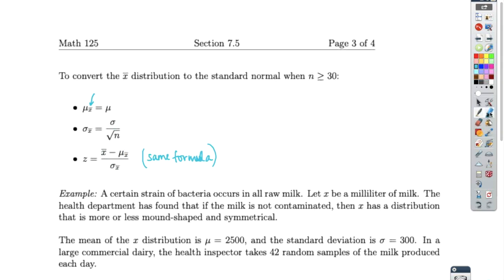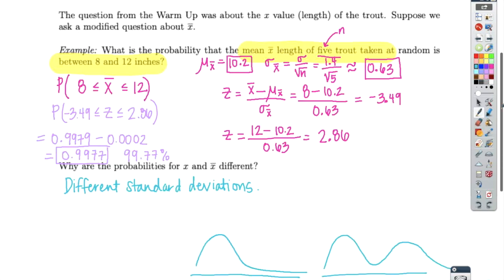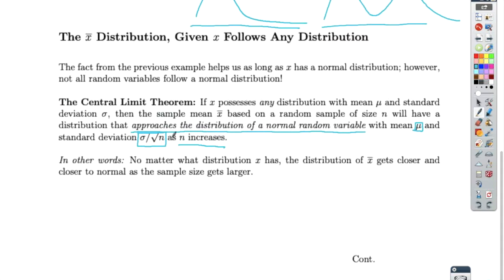Now there's a key criterion here. To convert the x bar distribution to the standard normal, n, your sample size, must be greater than or equal to 30. This is really important. This is the cutoff value. That's what we're talking about back on the previous page where it says that the x bar distribution approaches normal as n increases.